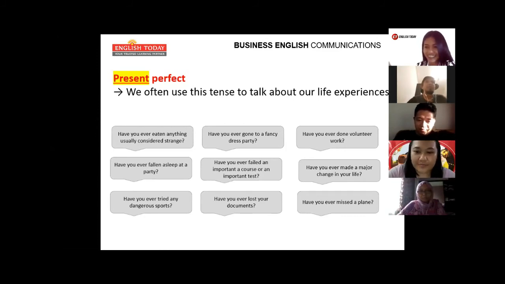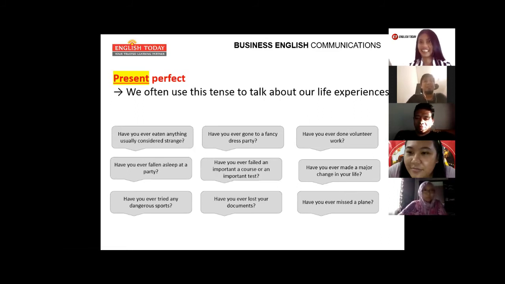A couple of years ago, in 2012. All right, and what did you do to get the documents back? Actually, the document is my wallet, so there are so many documents in there.